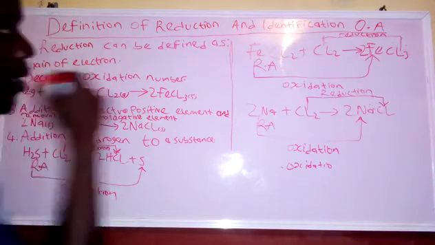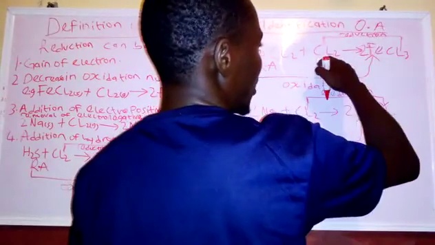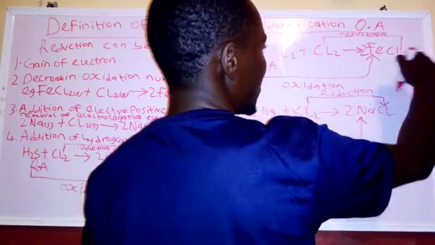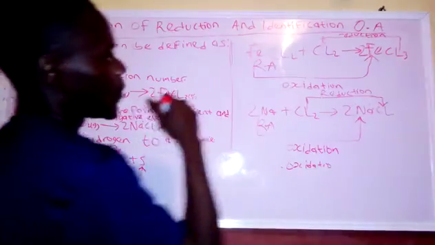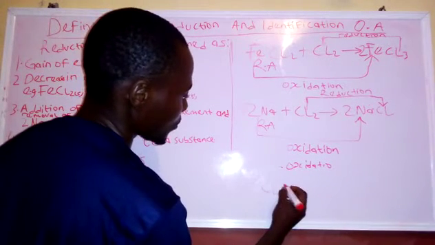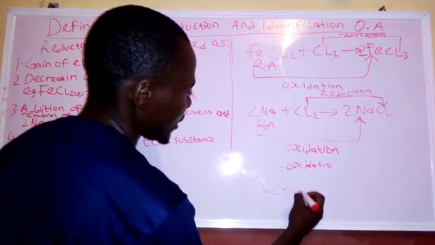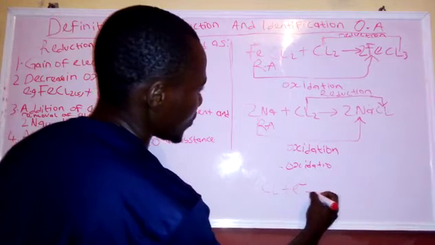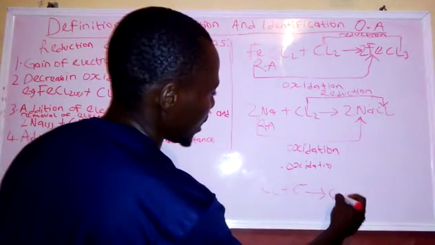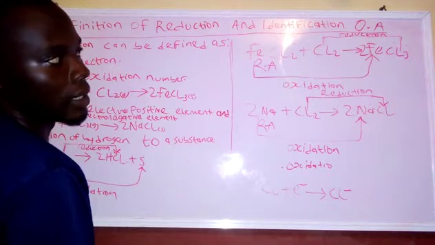For example, now let me see. Do you know what actually happens here for chlorine to form Cl minus 3? Now, for example, look at it. Cl plus e negative actually becomes Cl negative. Are you getting it?